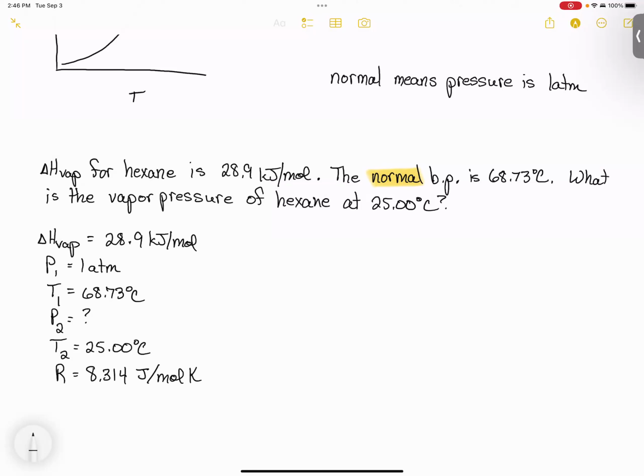If you'll recall, constants I kind of think of as dictators, because they dictate the exact unit everybody needs to be in. So our unit of energy needs to be in joules. The first thing I'm going to do is convert this delta H of vaporization from kilojoules into joules per mole.